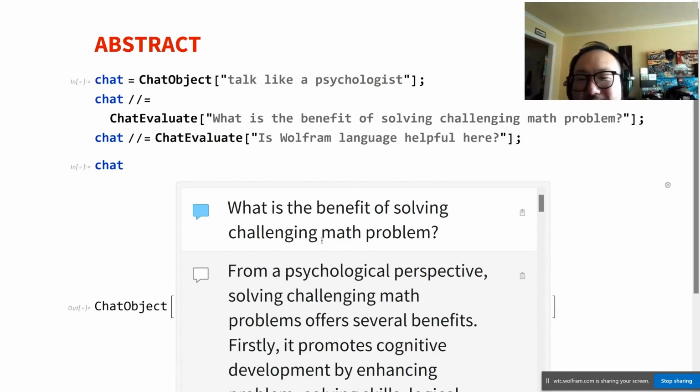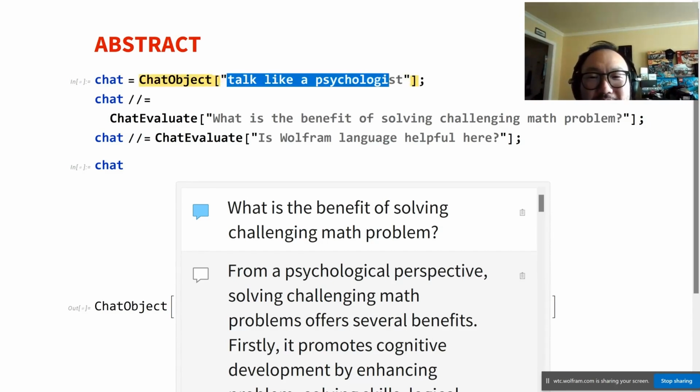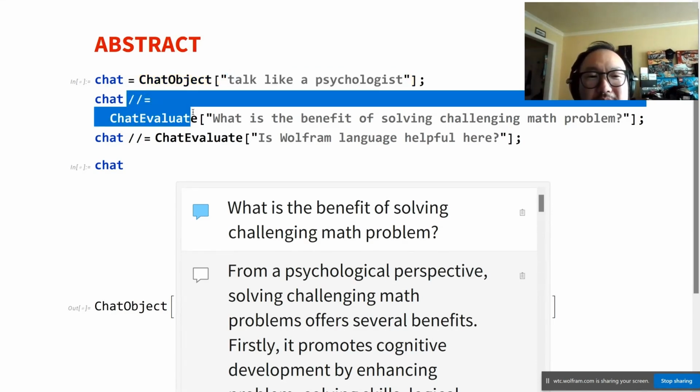The abstract is just two questions: what's the benefit of solving challenging math problems, and is the Wolfram language very helpful to tackle this kind of puzzles. And you can ask ChatGPT, give it certain personas, and use this syntax to persistently chat with ChatGPT.